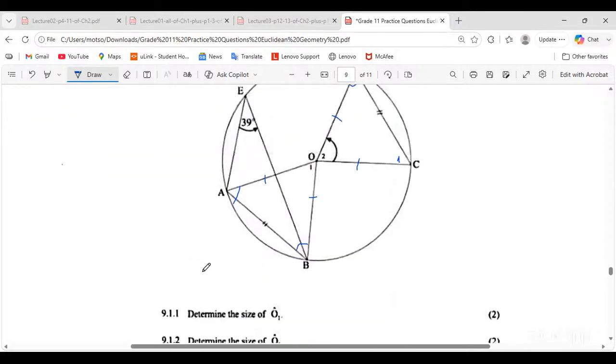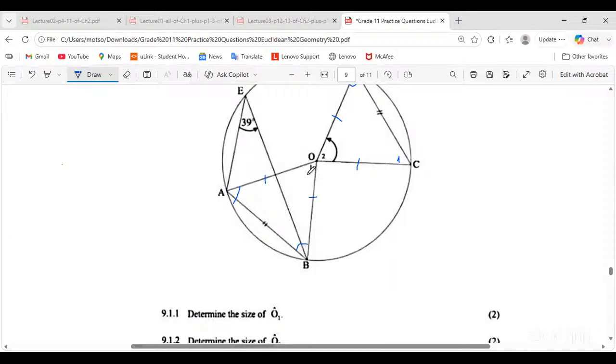Now, determine the size of angle O1. They didn't tell you to determine the size of O1 giving reasons, but you must always provide the size accompanied by the reason. Now, O1 is at the center. Remember the angle at the center, we say it is subtended by that arc. There's also this angle at the circumference that is subtended by the same arc AB.